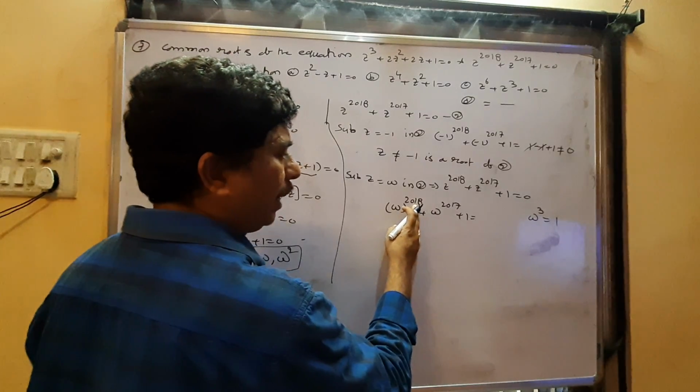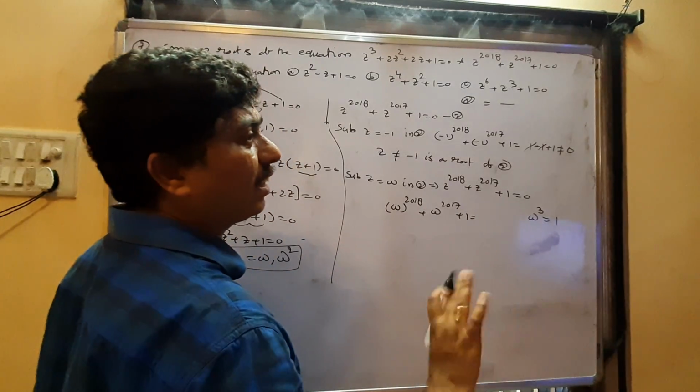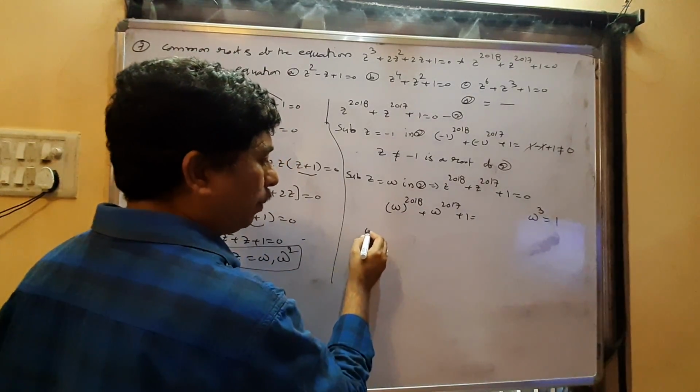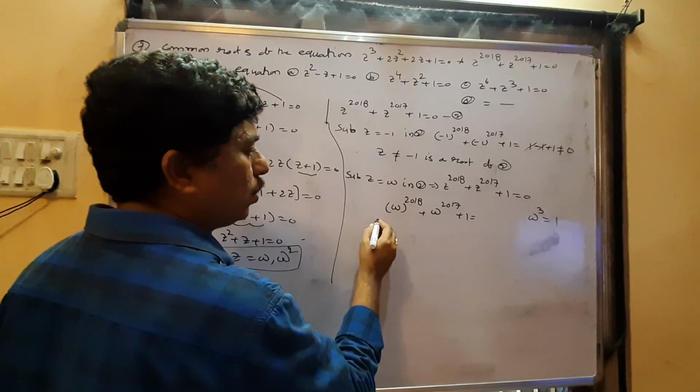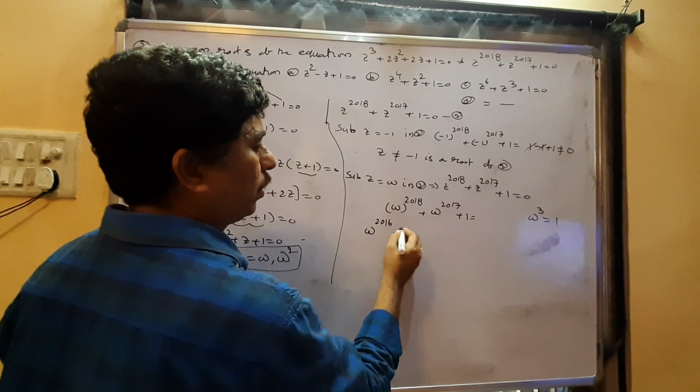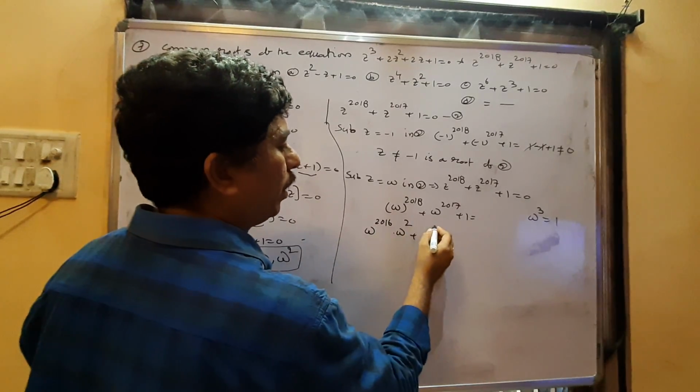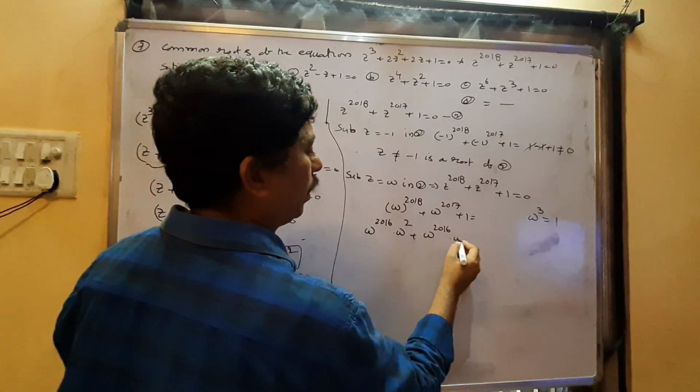8 plus 1 is 9, 9 plus 2 is 11, so it is not divisible by 3. So this can be written as omega^2016 times omega^2 plus omega^2016 times omega plus 1.